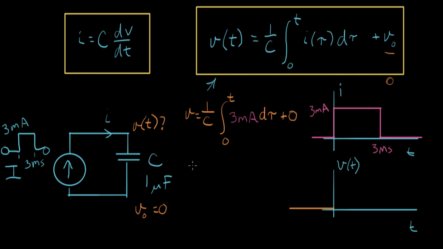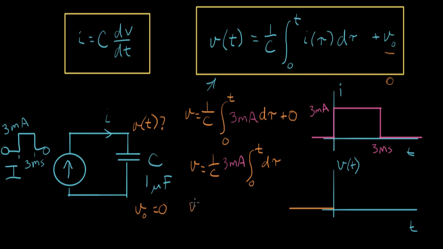So now we can solve this. V equals 1 over C times 3 milliamps comes out, times the integral from 0 to t of d tau.